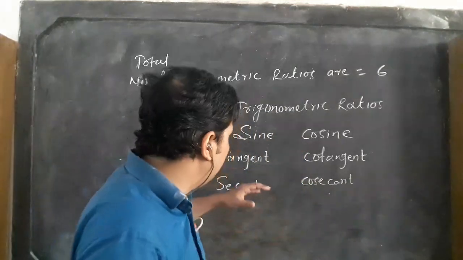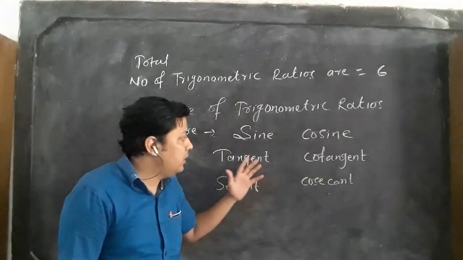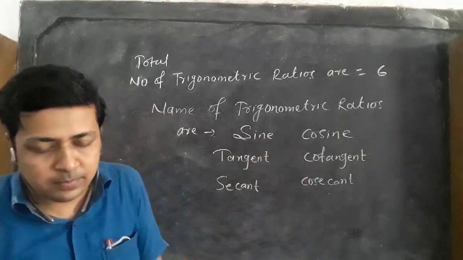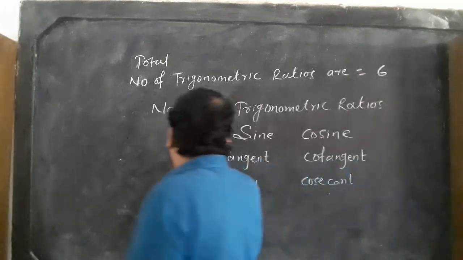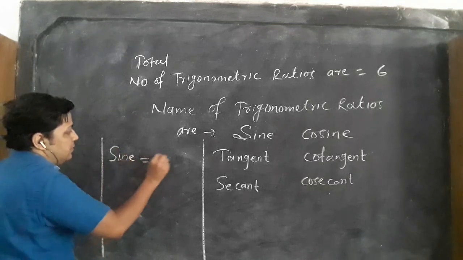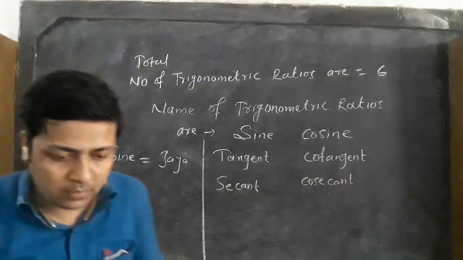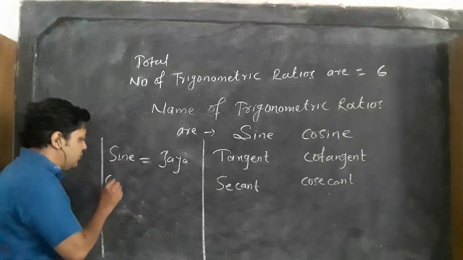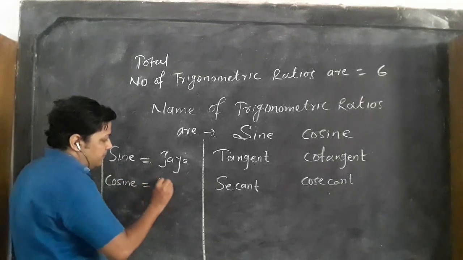But when you go back and see the history behind it, earlier they were not used as sine, cos and tan. In ancient mathematics, sine was used as jaya. Jaya is a Sanskrit word which means curve. Cosine was used as kotijaya.